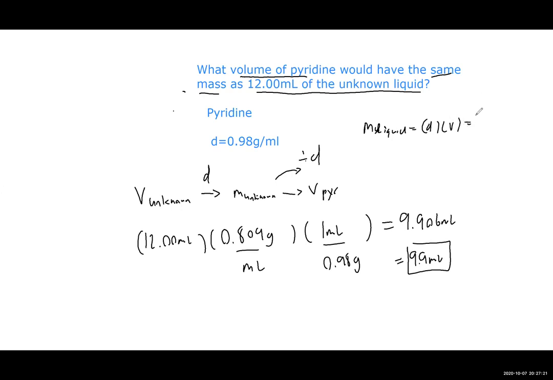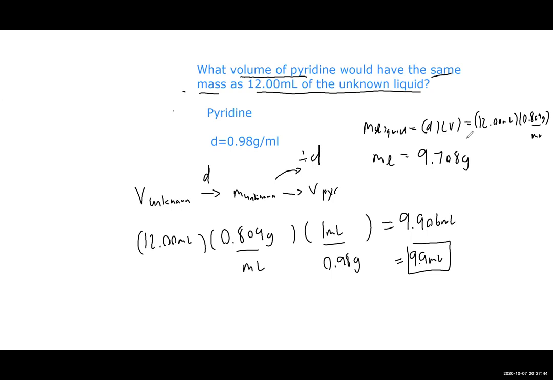We take 12.00 milliliters times 0.809 gram per mil. That gives us a mass of liquid of 9.708 grams.